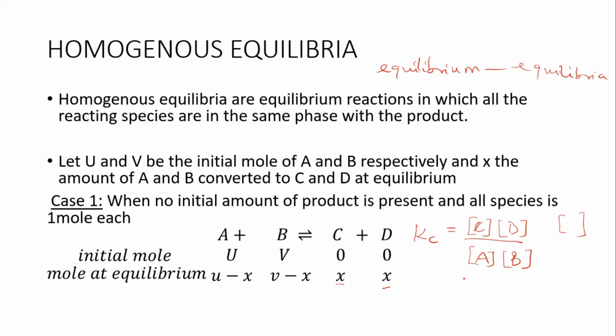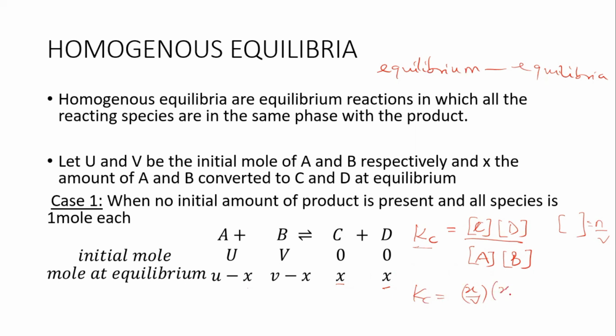At equilibrium, the Kc will involve the amounts at equilibrium. Concentration is actually moles over volume. So what is the mole of the product at equilibrium? That is X over volume. And what about D?